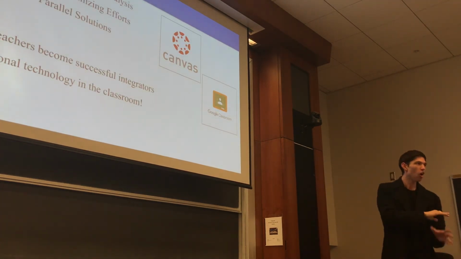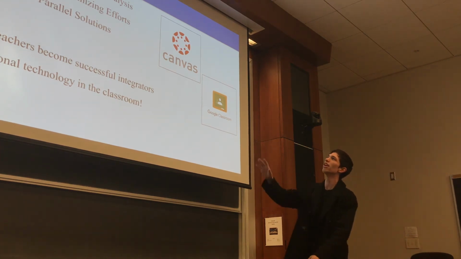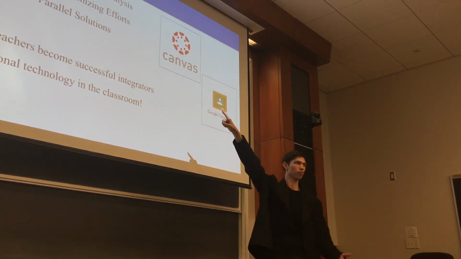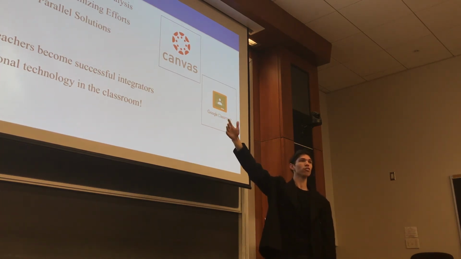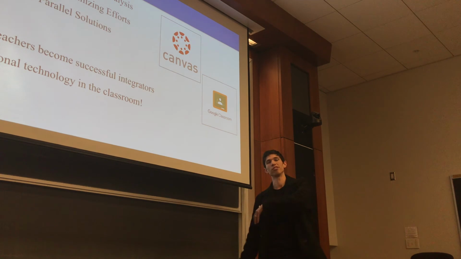So the purpose of this, the outcomes involved, is to create a framework for front-end analysis, as was shown, a framework for optimizing efforts, as was shown with parallel solutions and with the minimization while maximization of outputs.